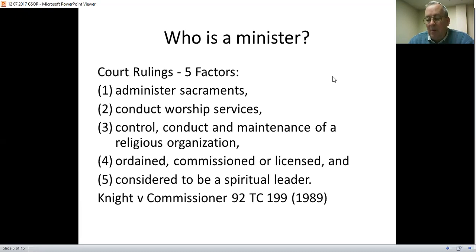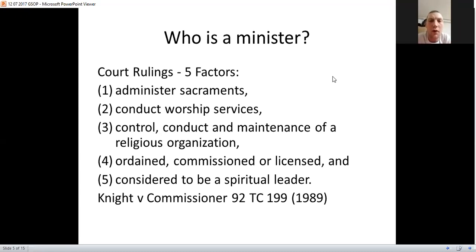Later on, he became ordained in that denomination. And when he went to court after the IRS rejected his application for exemption from Social Security because he didn't do it timely, he argued that his licensing didn't qualify him as a minister. The IRS and the courts found that it did. So it's terminology that the courts look to, that a lot of the religious denominations will use: ordaining, licensing, or commissioning.